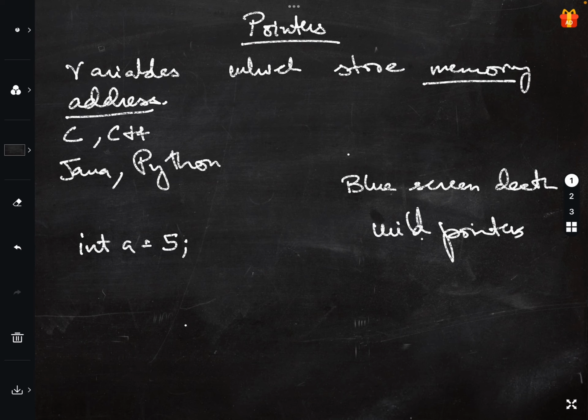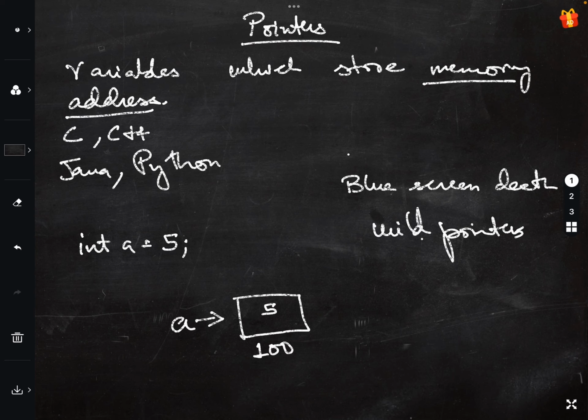So this gets stored in a memory location. For a pictorial representation, this is a memory location, and 5 is stored here. A is pointing to this, and suppose this memory address is 100.